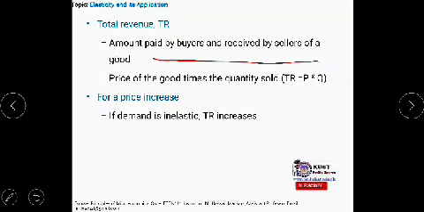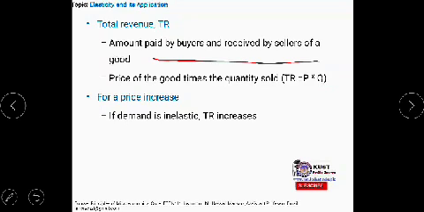Now the product can have elastic demand or it can have inelastic demand, and we have repeated this concept before. If the product is having elastic demand, it means that if the price reduces a little bit, the demand will increase a lot, and if the price increases, the quantity demanded will decrease more than the change in the price.